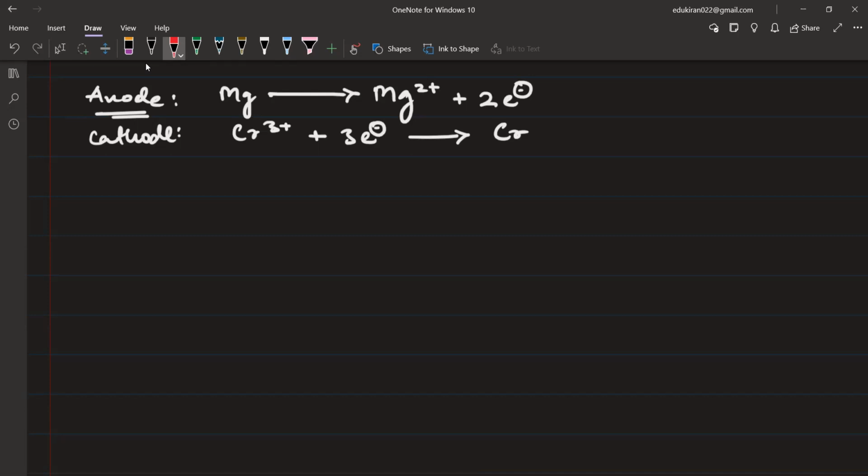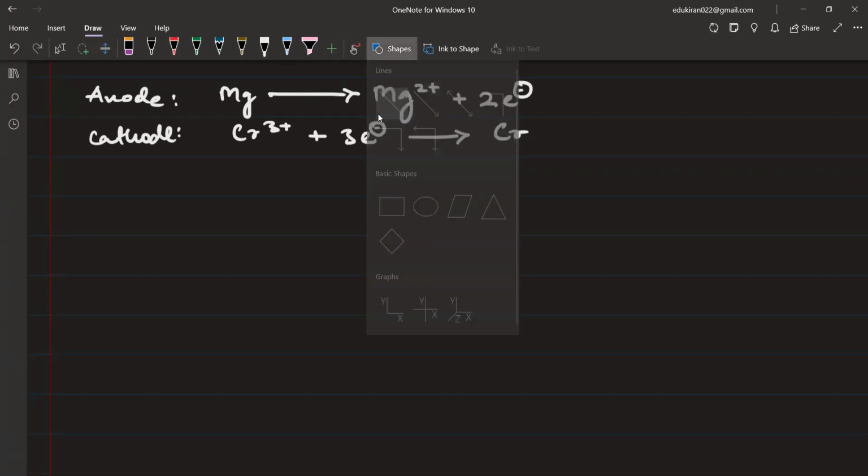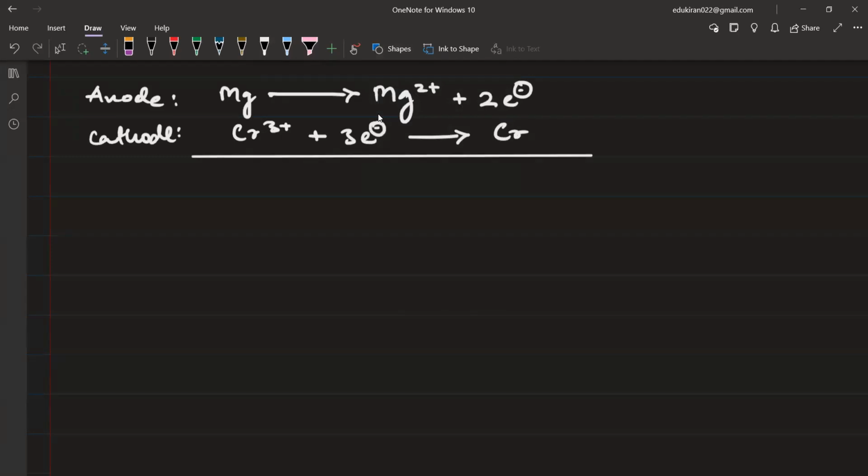We can multiply both the equations. What should I multiply in the first equation, and what in the second? 3 and 2. 3 in the first one and 2 in the second one.